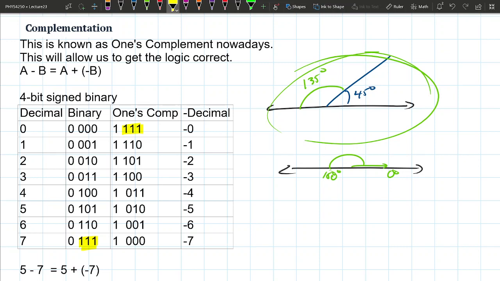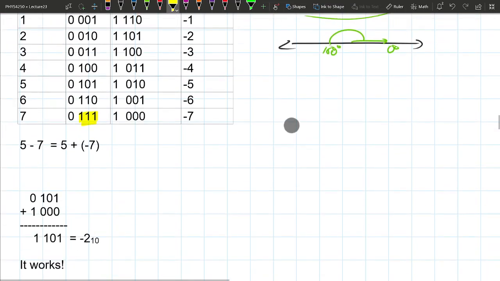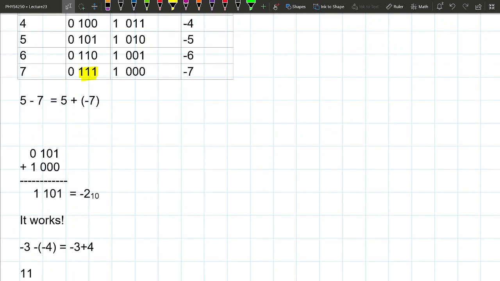Okay, now let's check if the math works. Same example. In one's complement, a positive number doesn't change, it stays the same: 0, 1, 0, 1. Negative 7 is actually represented by 1, 0, 0, 0 instead. So let's add these two numbers together. 1 plus 0 is 1. 0 plus 0 is 0. 1 plus 0 is 1. 0 plus 1 is 1.